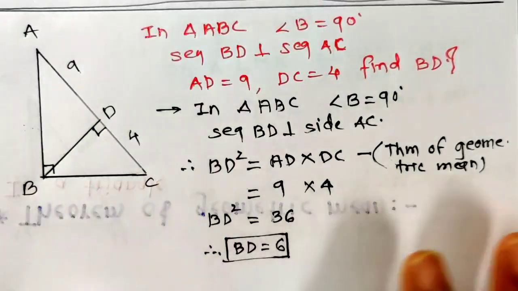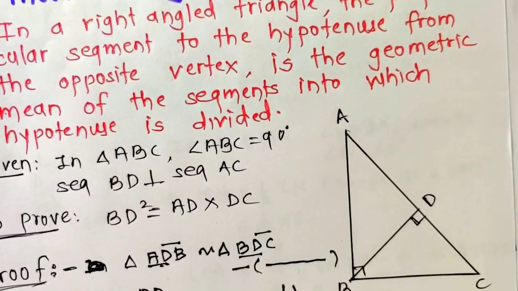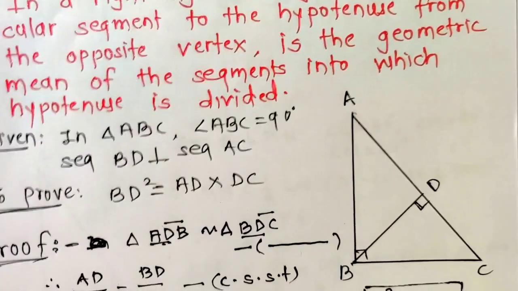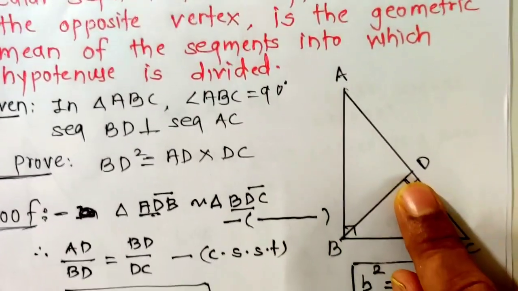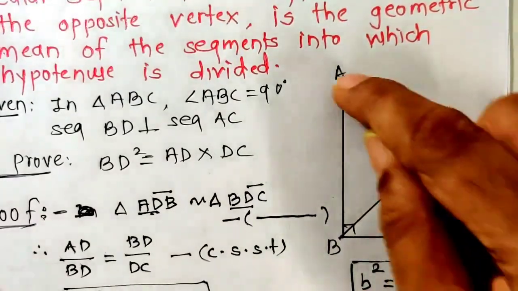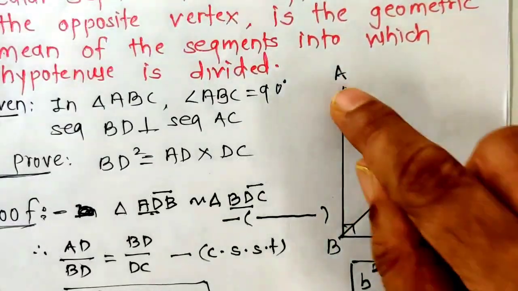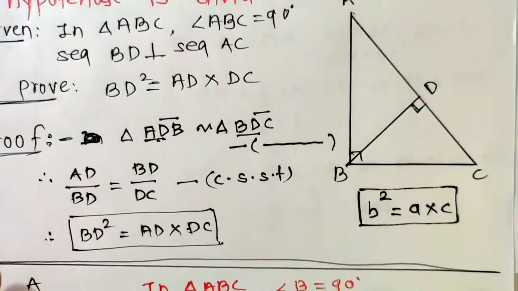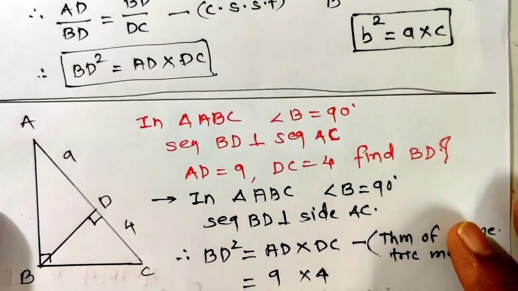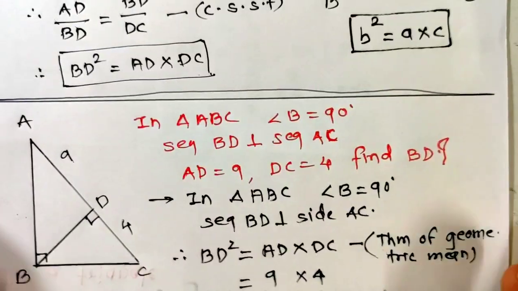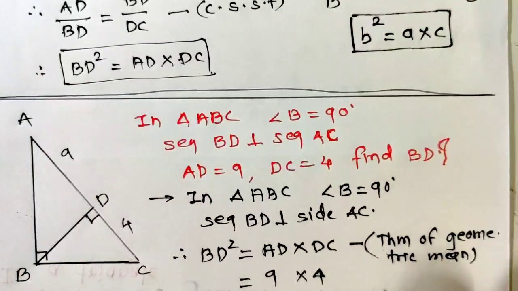And the next one is the theorem of geometric mean: the perpendicular segment is the geometric mean of the segments into which the hypotenuse is divided, means BD square is equal to AD into DC. We used this property by taking a small example. So in this way, theoretical part 1 is completed.